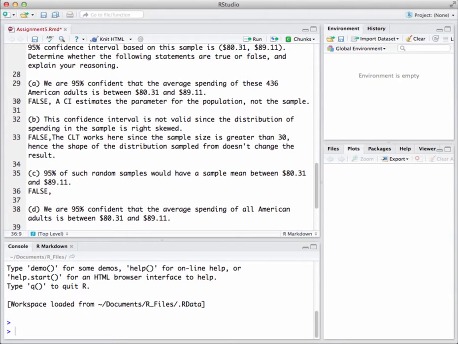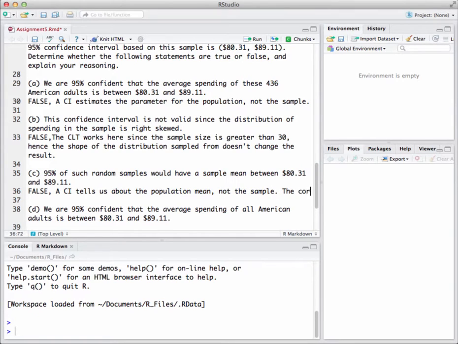So a confidence interval, or a CI, tells us about the population mean, not the sample.